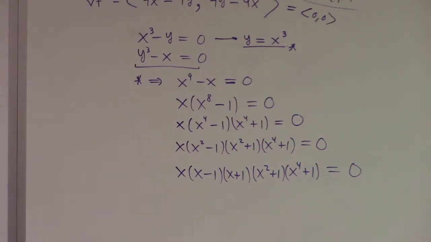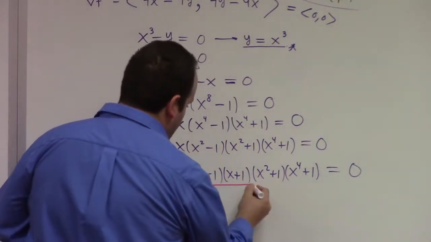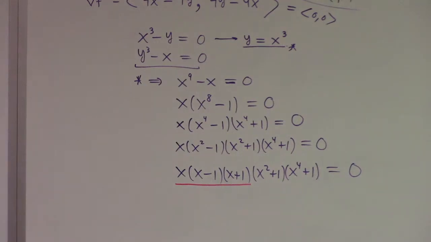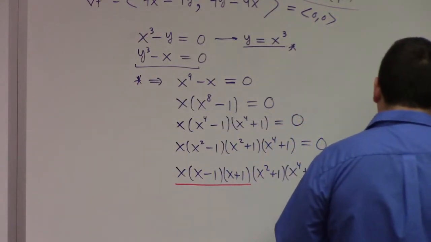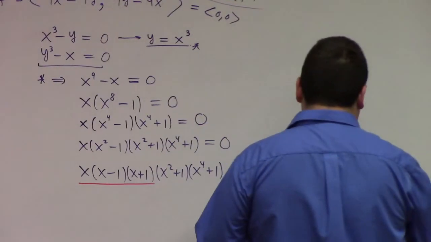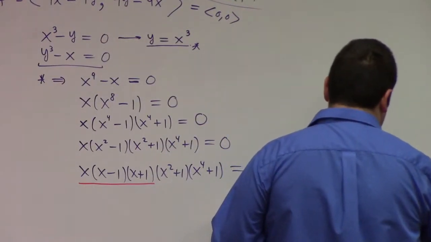So really, the rubber hits the road on these ones. Those are ones which actually have real solutions that give you 0, right? So our three critical points then, we got ourselves x equals 0, x equals 1, x equals minus 1.